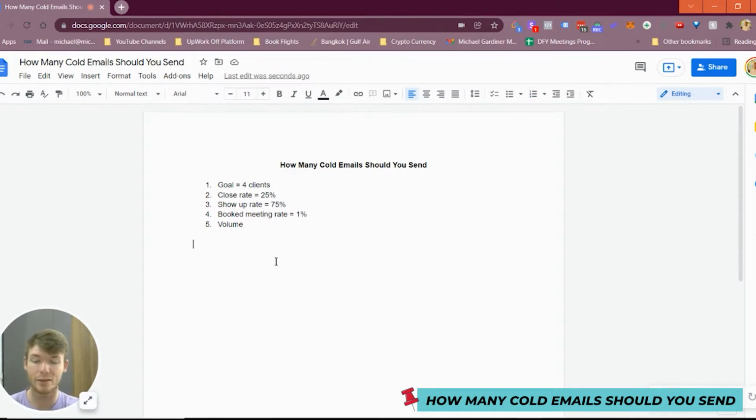So to give some examples of what booked meeting rate might look like, just from my own campaigns: if you're offering Facebook ads for e-commerce, you're looking at around 0.5% to 1%. If you are offering ads to SaaS companies, you're looking at 1 to 2%.